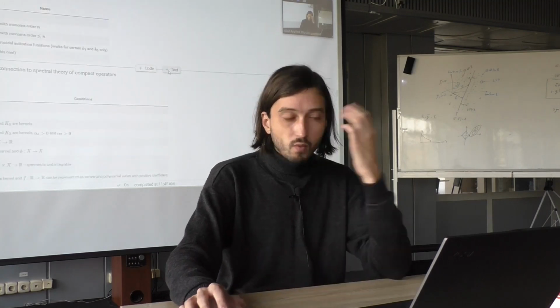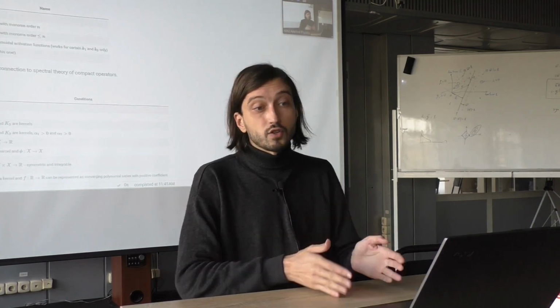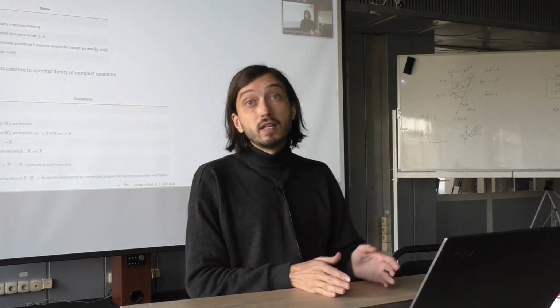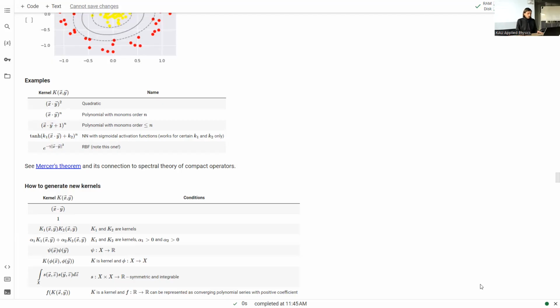Of course, you might ask me, what are the warranties that whatever function I choose has the meaning of some scalar product in some different space? Well, we have a really nice theorem, Mercer's theorem, that helps us basically say whether it is or not. But it has a connection to the so-called spectral theory of compact operators, so we are not getting into that.